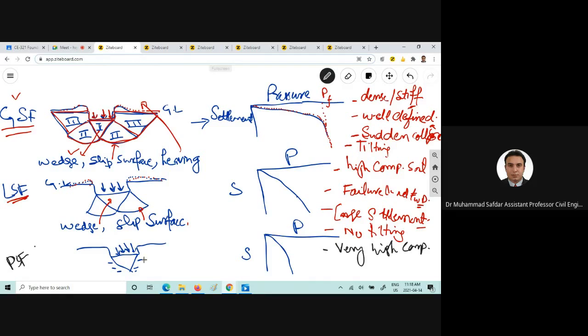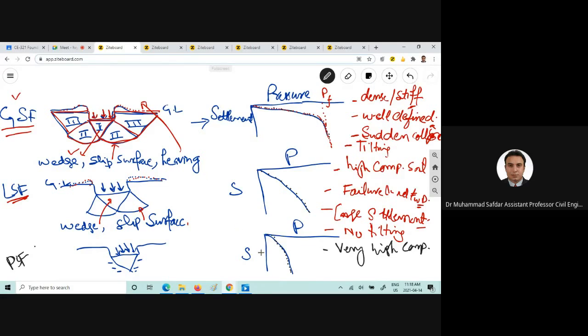So here we can clearly see that only a wedge can be seen in this kind of failure mode, and the ultimate load would be very low compared to the local shear failure and the general shear failure.